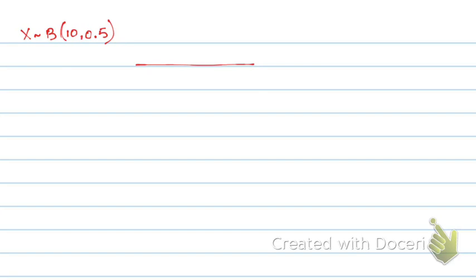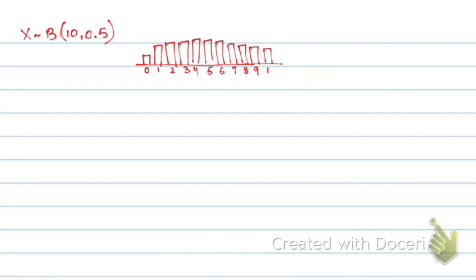This is what a binomial looks like, a discrete random variable, with bars for 0, 1, 2, 3, 4, 5, 6, 7, 8, 9, and 10. That is 11 bars.